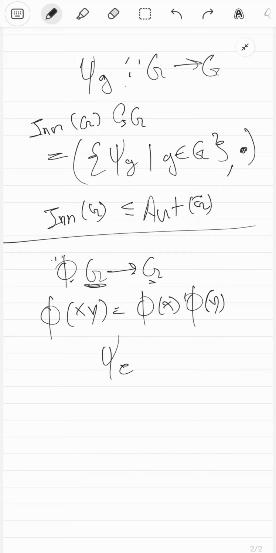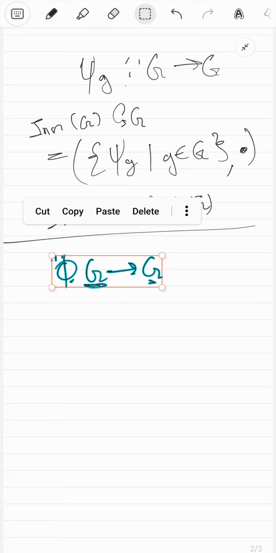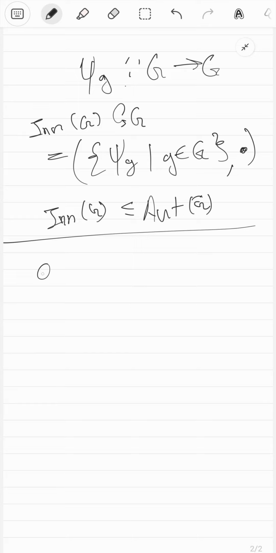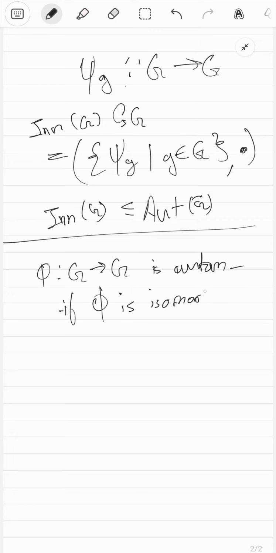So we have not proved it's a group so far, we have proved closure. We also have to show there's an identity, and this is the identity. It's obvious why that's the case. Now we also have to show that there are inverses, right? Okay, so just to recap, phi from G to G is an automorphism if it is an isomorphism.